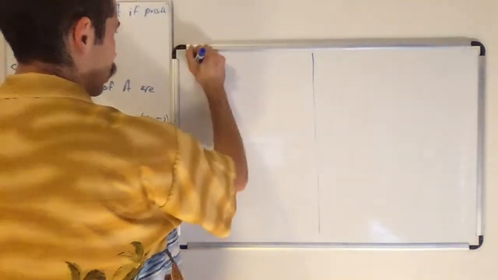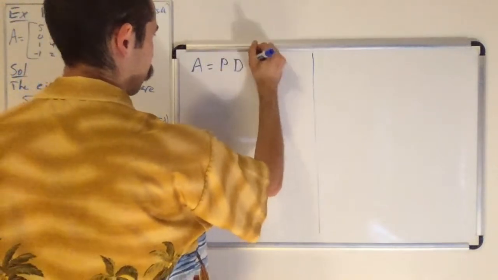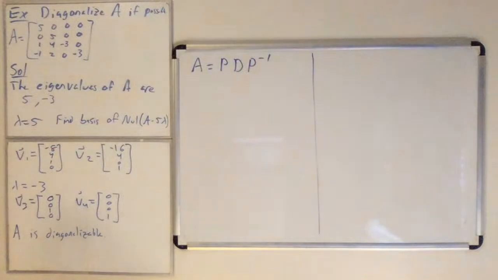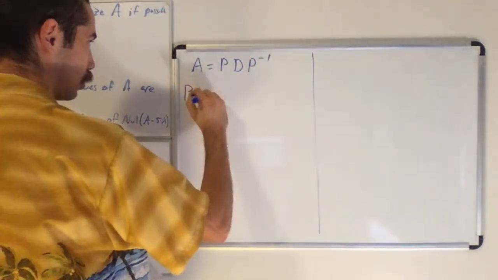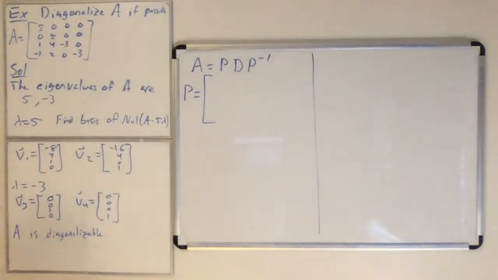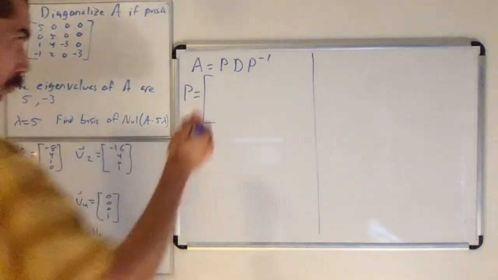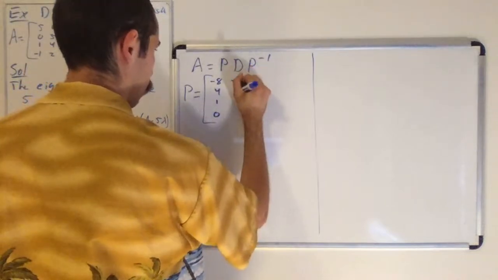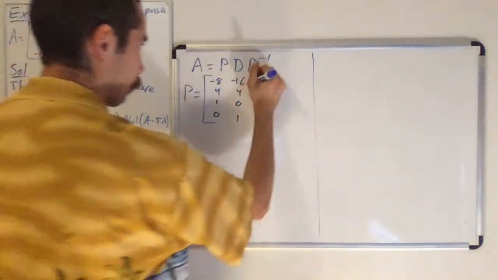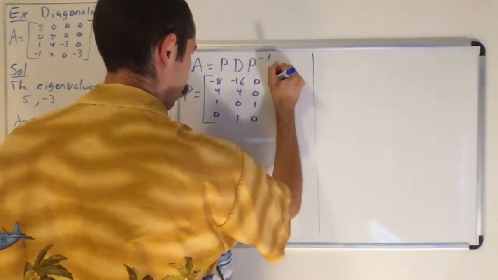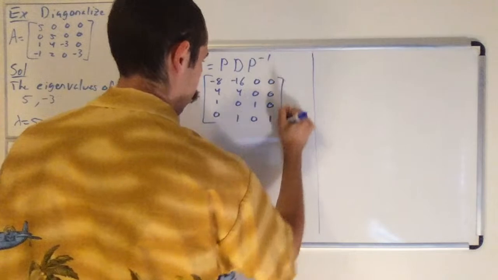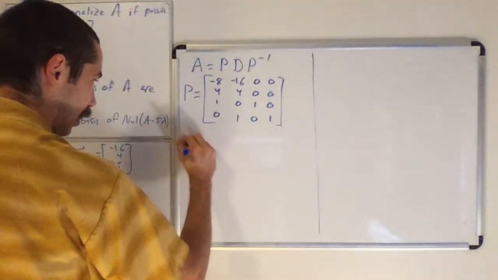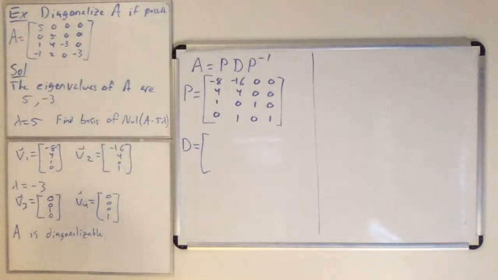Which means we could write A as P D P inverse, where P is the matrix whose columns are the eigenvectors, and D is the diagonal matrix whose entries along the main diagonal are just the eigenvalues.